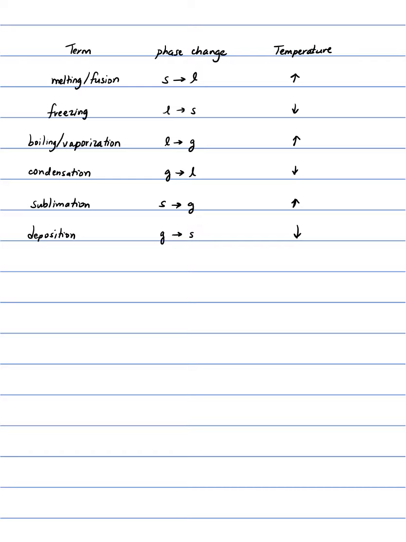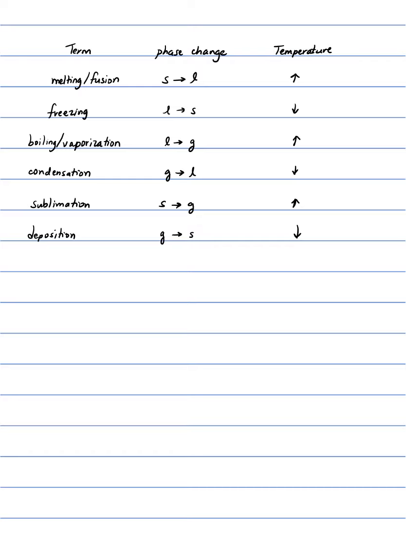So one last thing here, and I'm not going over all of this, you have a table with all the terms that we use to refer to these phase changes and what's happening to the temperature. Just for example, melting and fusion, both terms represent a phase change from a solid to a liquid, and for that to happen, those are endothermic processes.